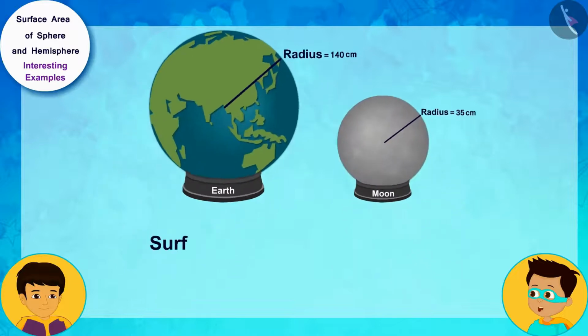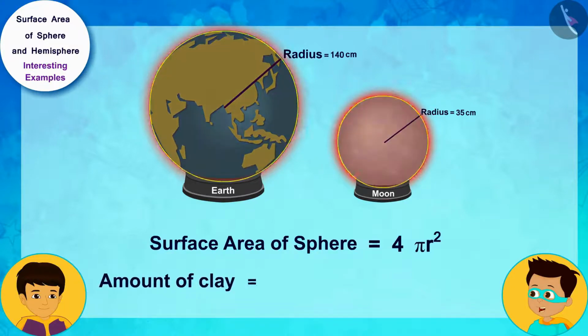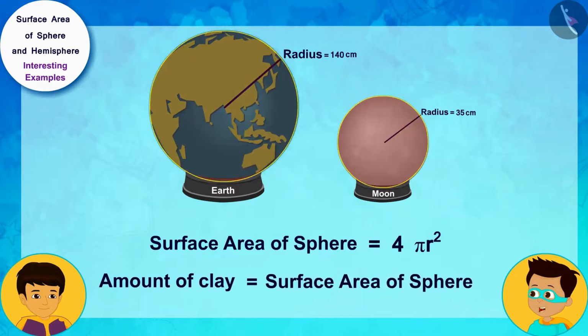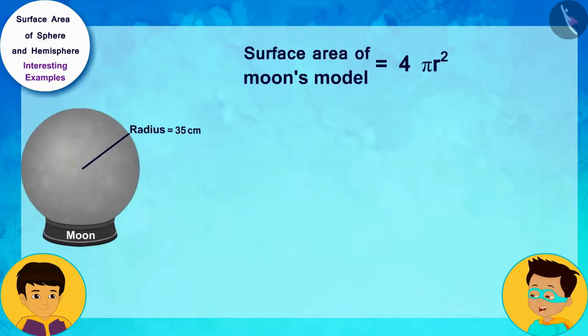The surface area of sphere is 4 times pi r square, where r is the radius of the sphere. And because both of these models are hollow spheres, the amount of clay used to make them will be equal to their surface areas.